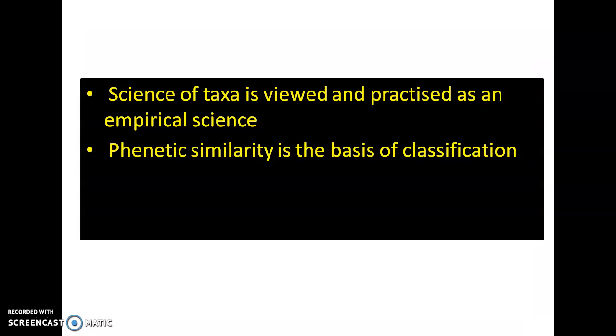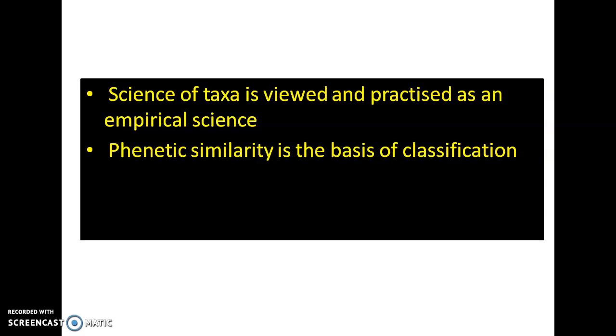Then we need to view each taxa and practice it as an empirical science. That means if we are considering different taxonomic groups, we need to thoroughly view the peculiarity of each taxa with respect to the studies already done on this taxa. Empirical means experience.